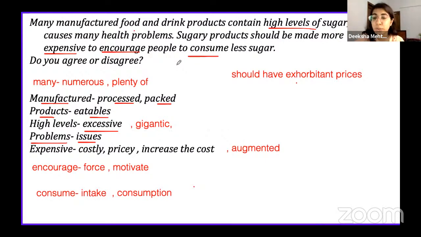Okay, Mohammed, good try. So it should be there has been much discussion around educating the consumer. Processed food containing gigantic proportion of sugar. Containing, Mohammed. Kanika, rising, not raising. Good.